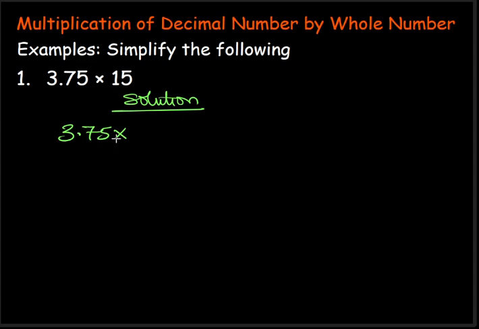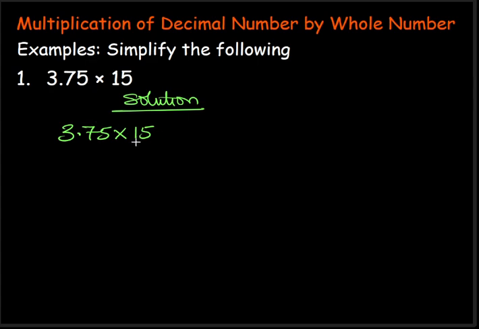3.75 times 15. Now, the principle for multiplying decimal numbers is we will make them to be whole numbers first, and then we multiply. When we are done, we will return the decimal places that we took.